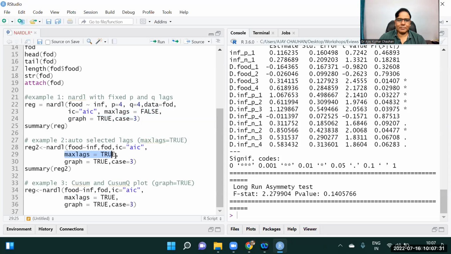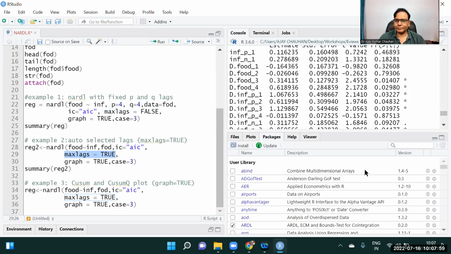So we put maximum lag equal to 2, meaning the number of lags is selected by the software. We are not selecting the lag as we did in the case of p equal to q equal to 4, because there we put maximum lag false. It means we were restricting the software from finding the lags. Here we are saying, okay, no problem, the lag will be selected by the software.